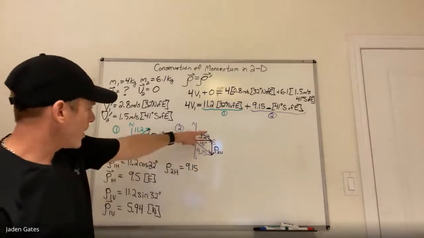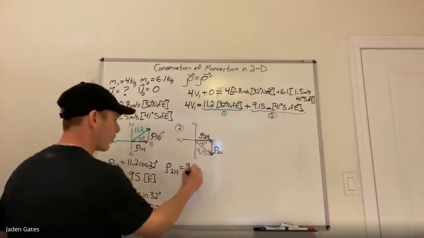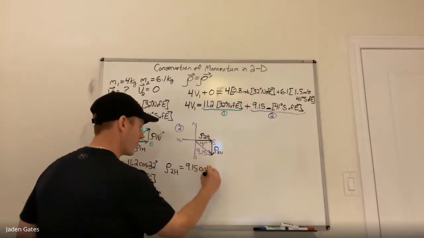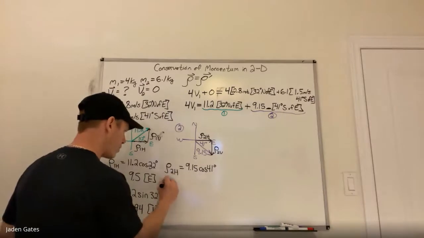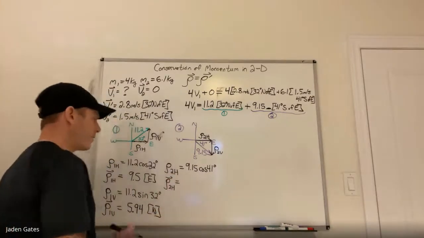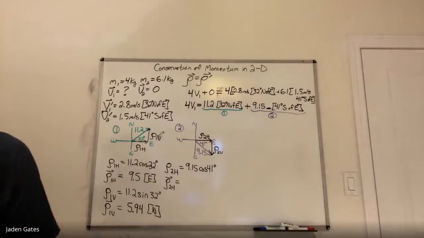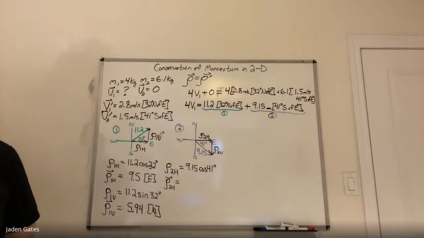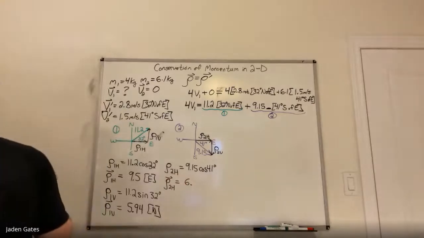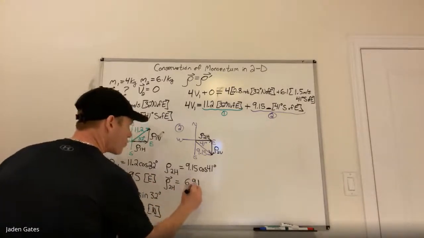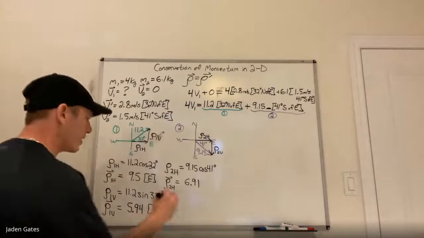It is the cosine again because it's the adjacent, so we're going to go cos 41 degrees. Again, I'm checking out what I got here. Cos 41 times 9.15, getting 6.91. Check out my diagram. Yeah, it's headed east. Okay.